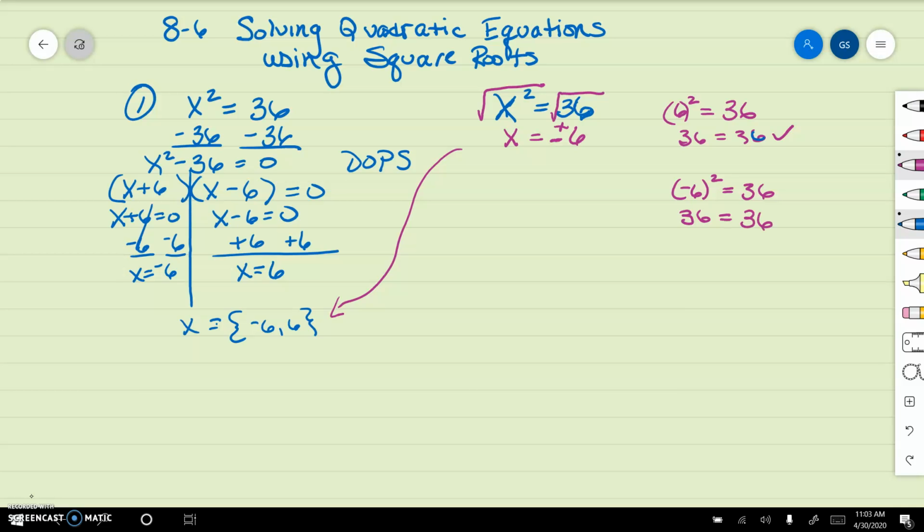So when we say the square root of 36 is 6, that's fine unless you are solving an equation. Then you have to show that you have a positive and a negative 6 that works, okay? So you don't have to show the check on each one. You just have to remember to put a plus and a minus in front of whatever the square root is.